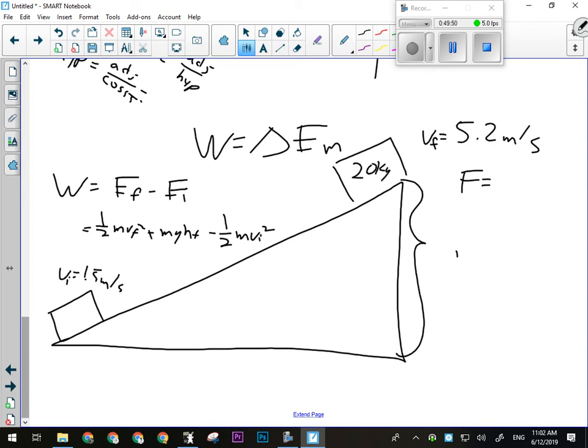Force is, let's say 600 newtons. I don't know, I'm just picking numbers out of my head here. 600 newtons, and this side of the plane is 15 meters long. Calculate the height of the ramp.